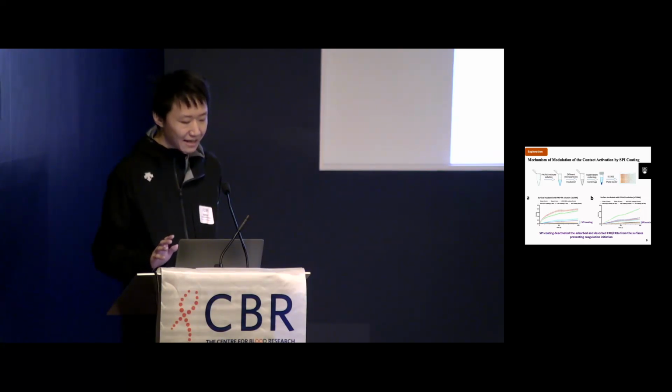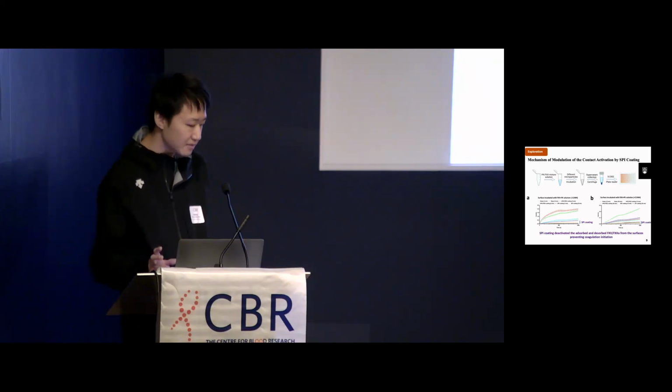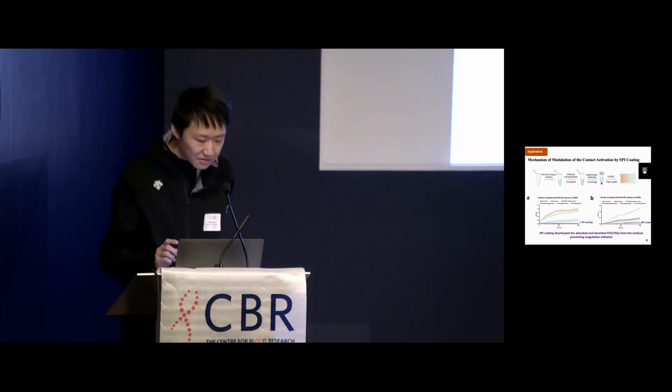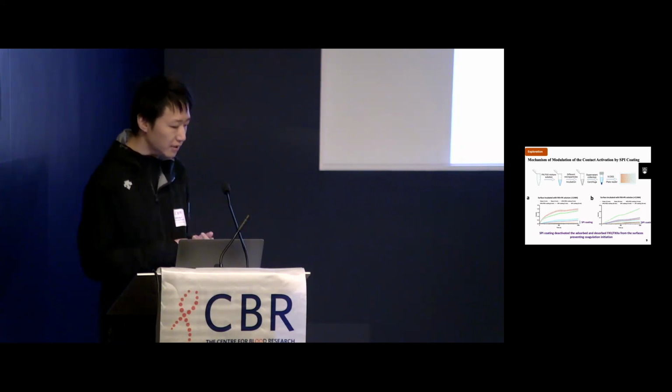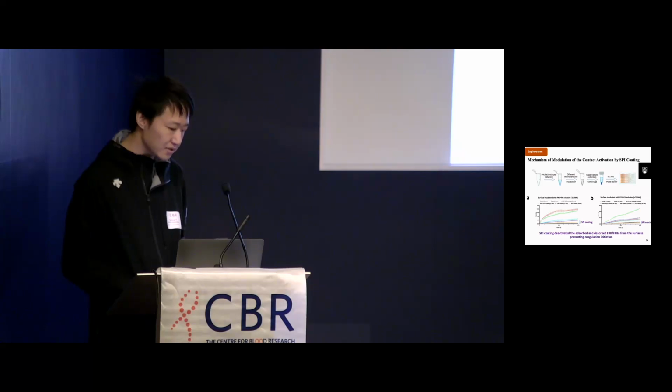So we want to find simplified models so that they won't distort the result. I also want to draw your attention that the model we created is very simple, and we can just prepare two single proteins and prepare the mixed solution of the prekallikrein and the factor 12, and then we incubate the surface with the mixed solution.